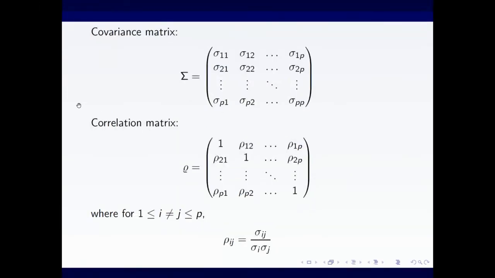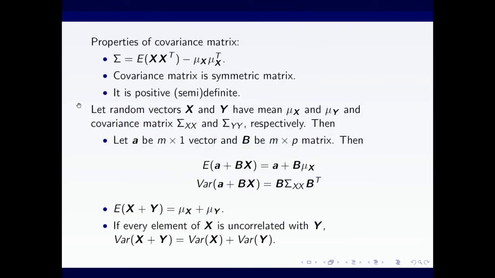The covariance matrix has a structure where the diagonal part is the variance, and the off-diagonal part is the covariance of the pair of variables. In the correlation matrix, the off-diagonal part is the correlation of the two variables. We also looked at the properties of the covariance matrix and the linear combination of random vectors.